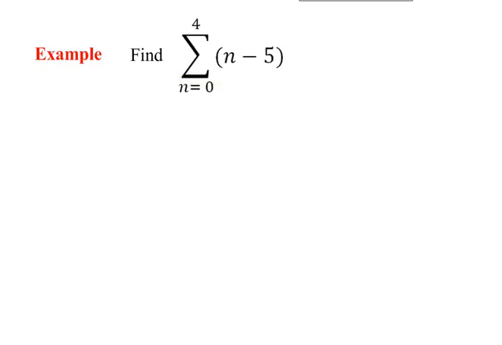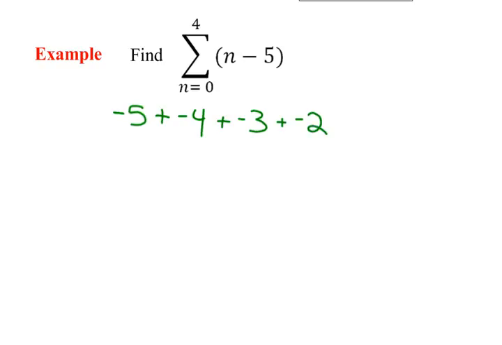So we'll start by plugging in 0 for n. 0 minus 5 is negative 5. And we're going to add on, plug in 1 for n. 1 minus 5 is negative 4. Then we're going to add on, plug in 2 for n. 2 minus 5 is negative 3. Plug in 3 for n. 3 minus 5 is negative 2.